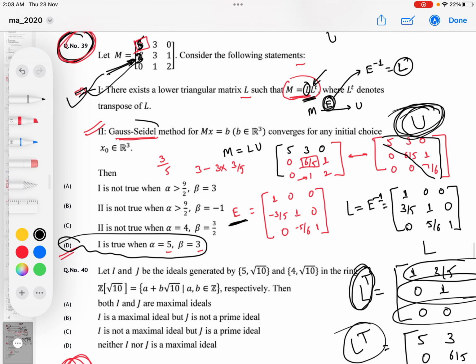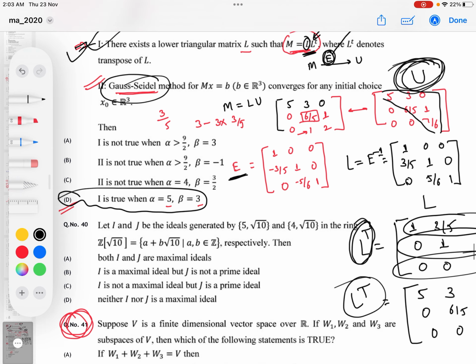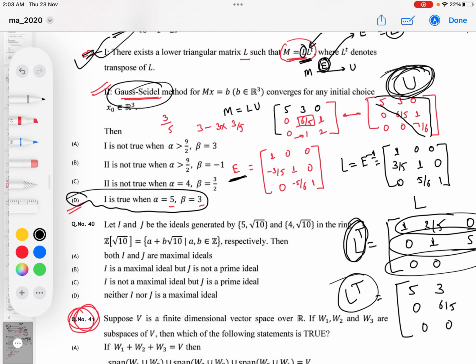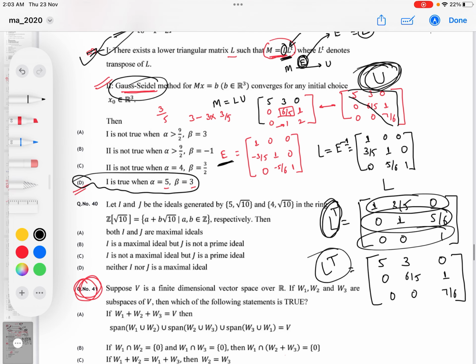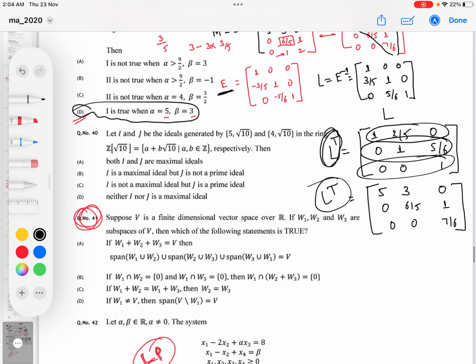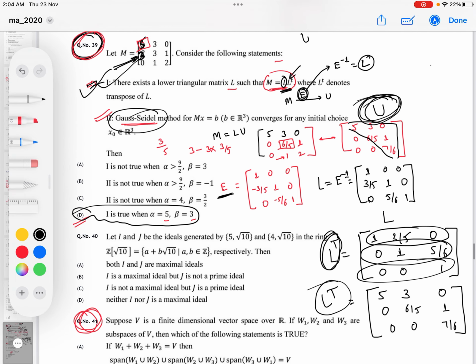And this Gauss-Seidel method is not in the syllabus of DSAI, so I am not going to look at it. Now you may have one doubt. If you have already studied how to decompose a matrix into lower triangular and upper triangular, then you can easily find them.